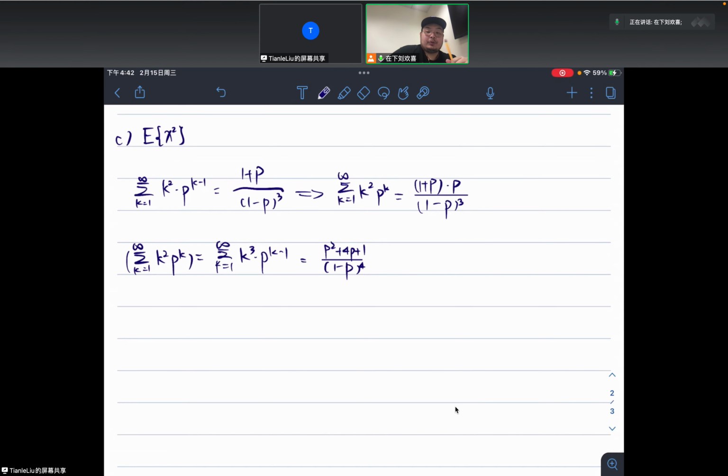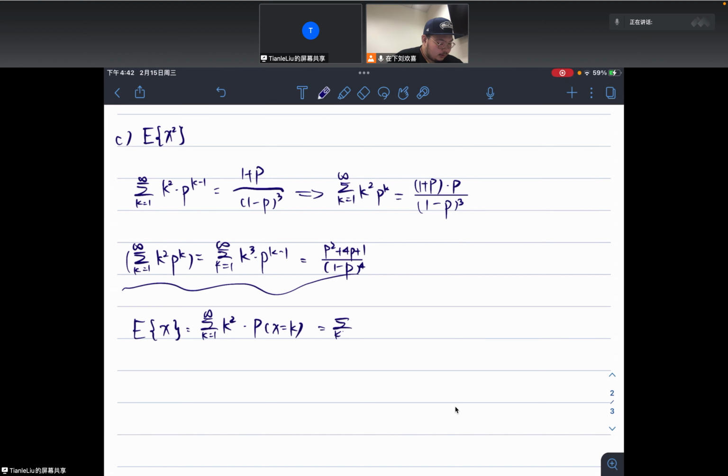So why do we need this formula here? What does it have to do with the expected value of X squared? Think about the expected value of X squared, which is the sum from k equals 1 to infinity of k squared multiplied by the probability that X equals k, which is 1 minus p squared.